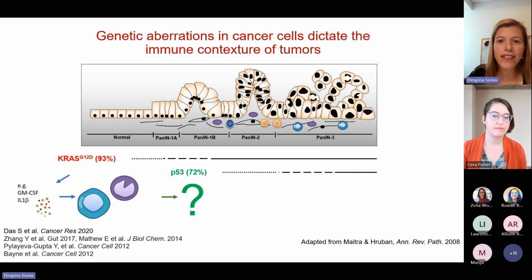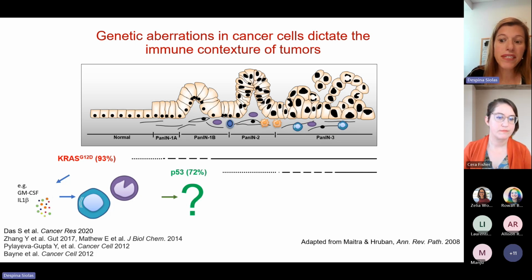Now, emerging evidence also suggests that once you start having genetic alterations, this can affect the immune cells around. And so there has been previous work that showed that if you have this particular KRAS G12D mutation, it could enhance mobilization of immune cells to the tumor microenvironment.